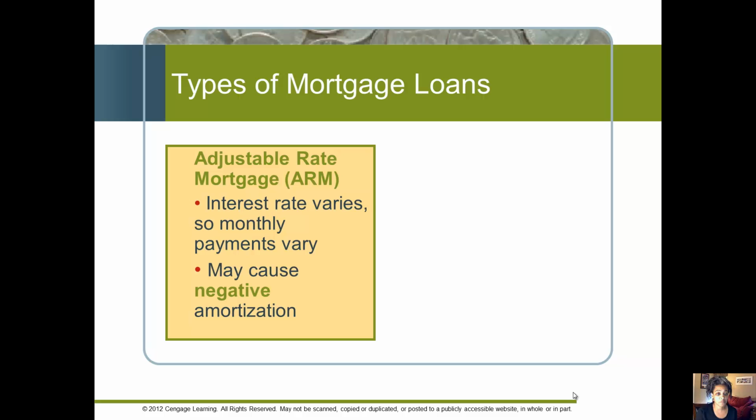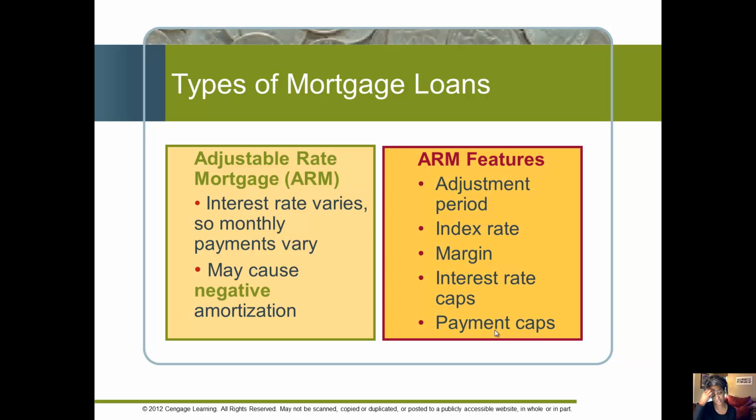So other types of mortgage loans, besides a fixed, would be an adjustable rate mortgage, where the interest rate would vary over time, so the monthly payment that goes toward principal and interest could also vary. And so this could result in negative amortization. An adjustable rate mortgage is sometimes called an ARM.